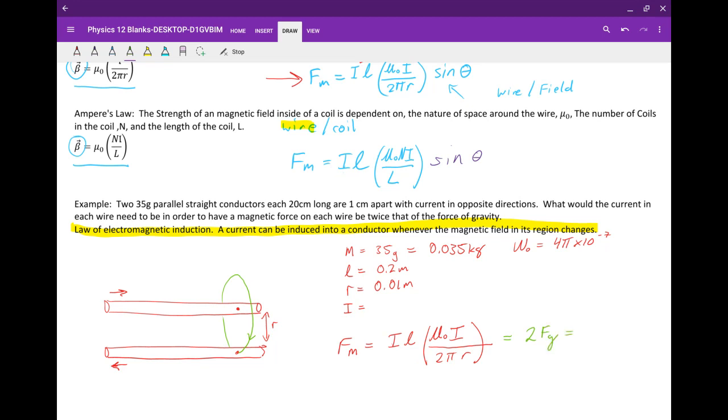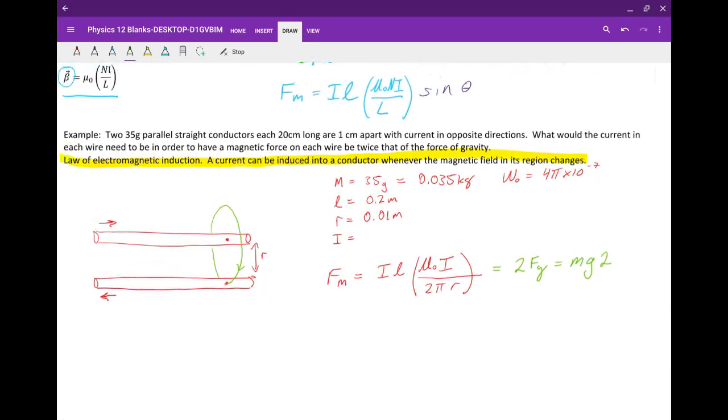Well, the force of gravity is just m times g, right? Well, it's twice that as well. And so there we have it. We've got our formula. We've got I squared, because I'm claiming that both of these are the same, times the length of the wire, mu naught over 2 pi r, equals 2mg.